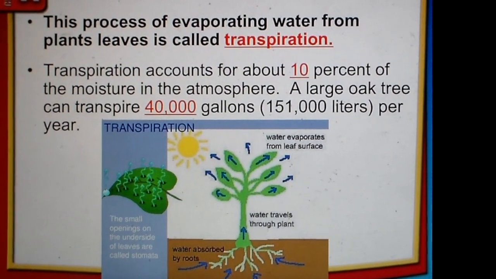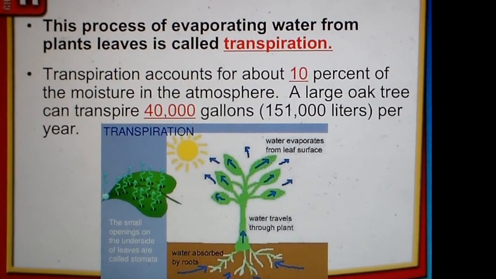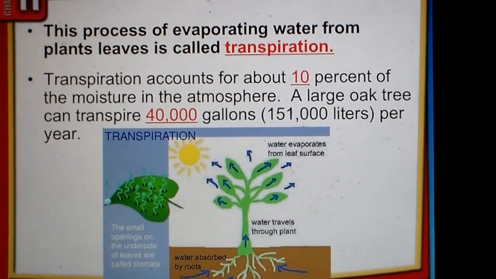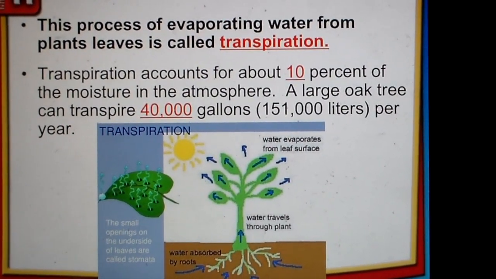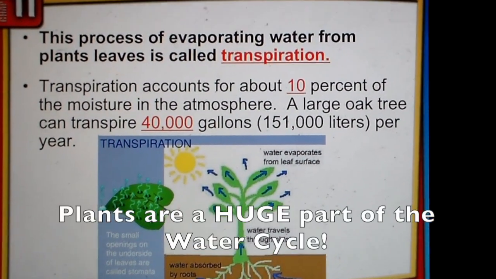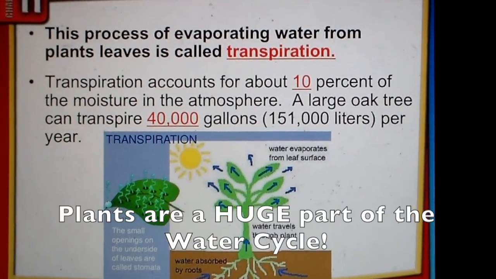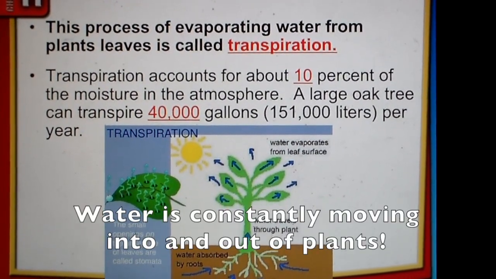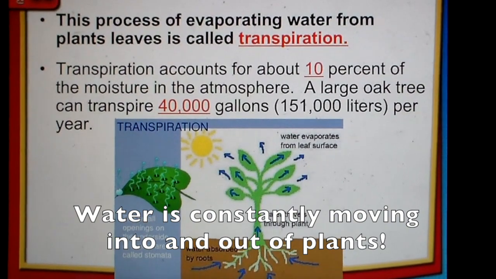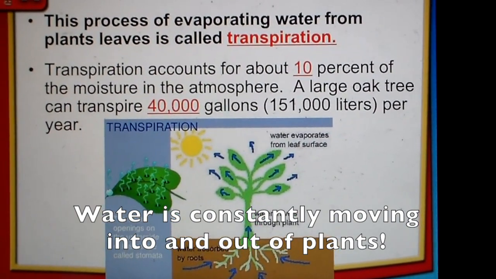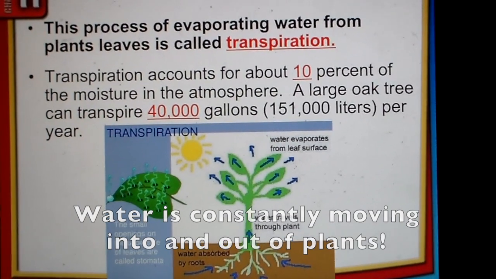Transpiration accounts for about 10% of the moisture in our atmosphere. A large oak tree can transpire 40,000 gallons, that's about 151,000 liters, per year. So that means plants are a very active part of the water cycle. Water is constantly moving into plants and out of them and back into the atmosphere through this process called transpiration.